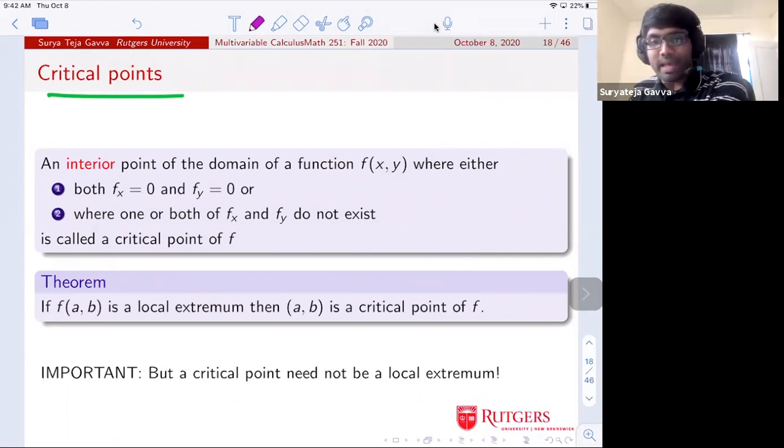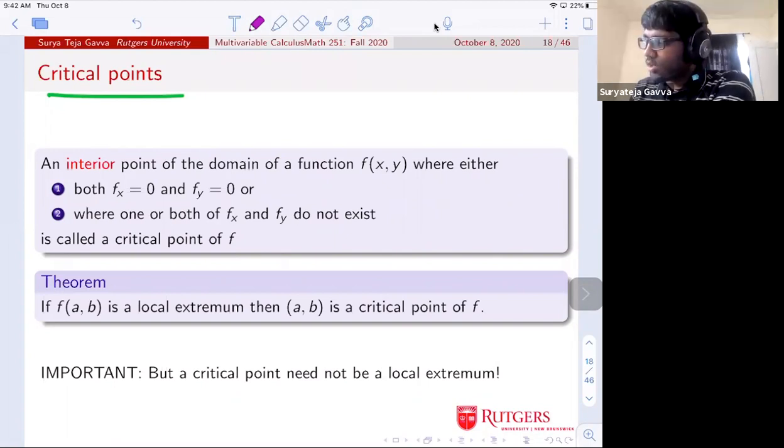It need not be max or min, right? Max or min will be a critical point, but a critical point need not be a max or min.